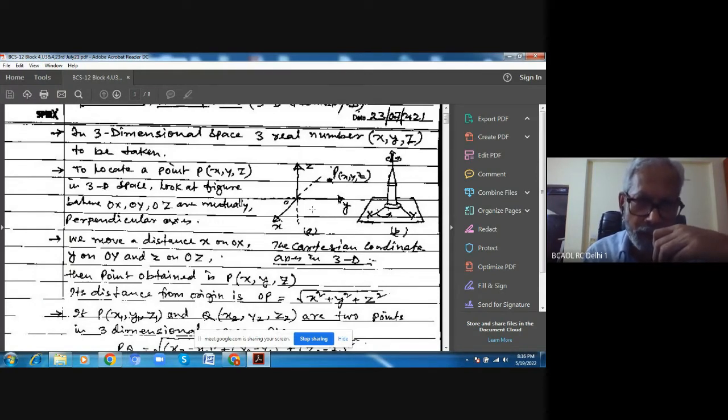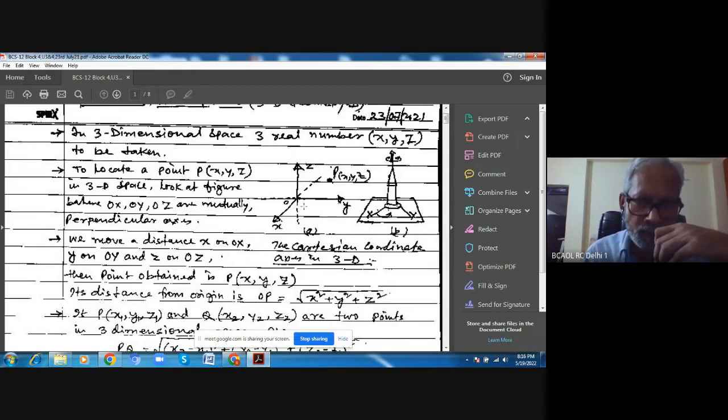One plane is the floor where you are standing, the right-hand side wall is another plane, and the left-hand side wall is another plane. That way you can understand.